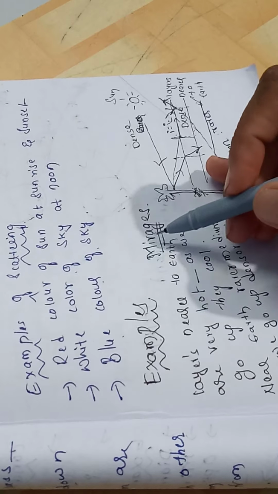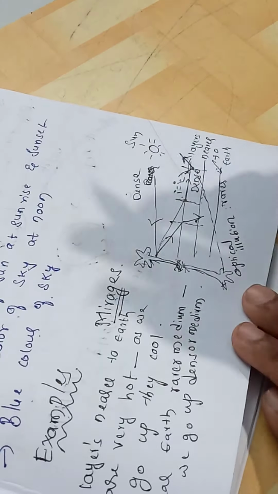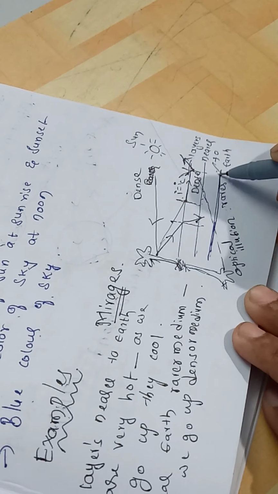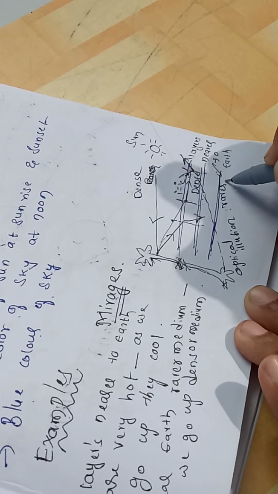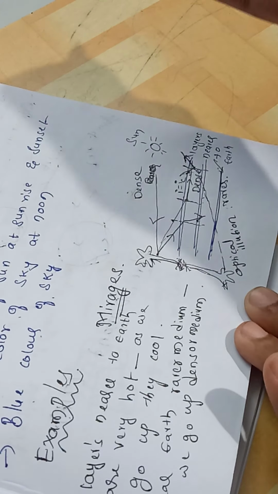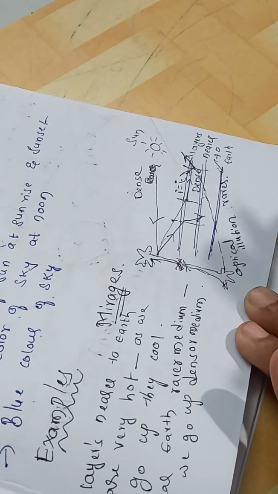First, mirages. Now here, how these mirages are formed: these are the layers nearer to the earth and above that, far from the earth.